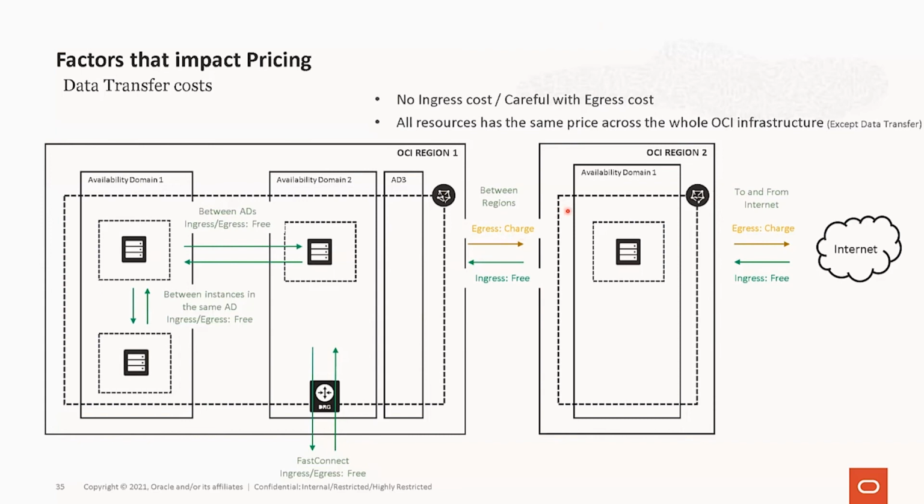If you plan to move data from one region to another location over the internet, you will have a fully flat free rate, and you will have an egress charge starting from 10 terabytes per month. It means that the first 10 terabytes per month of egress traffic will also be free.